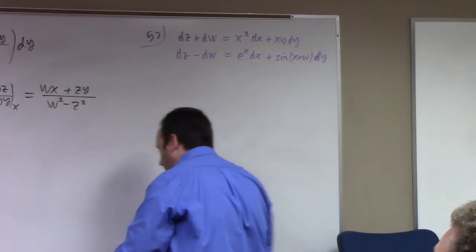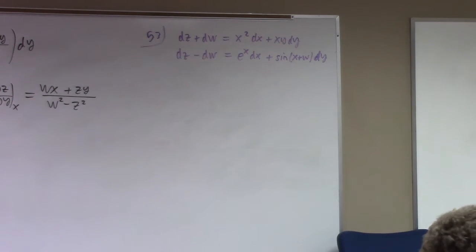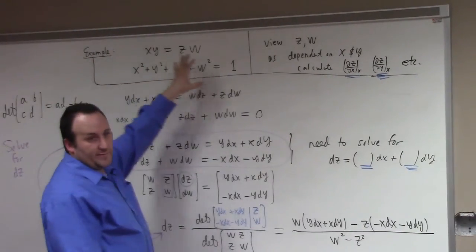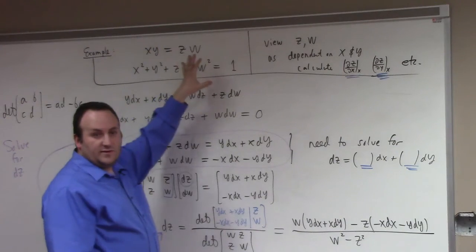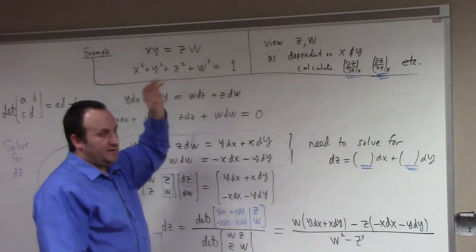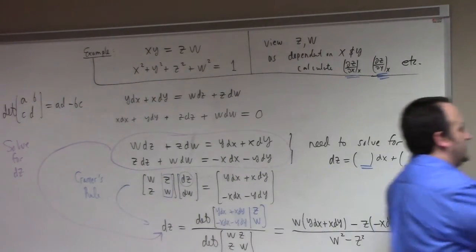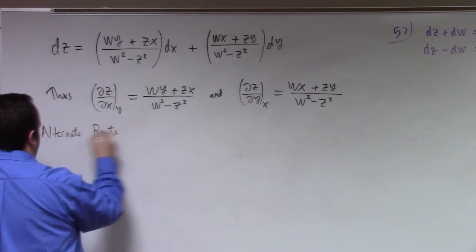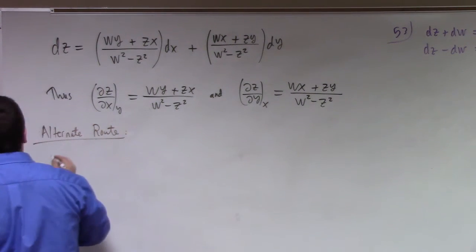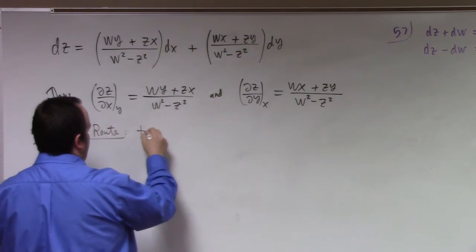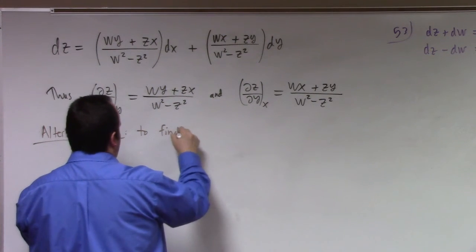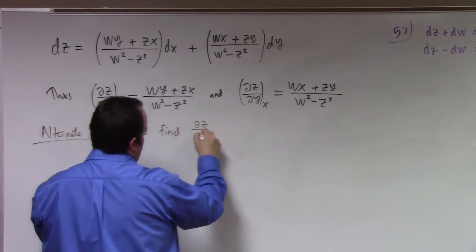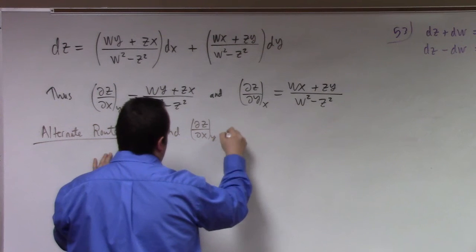Now, this example, because I actually gave you equations which govern the four variables, right? We could do this a different way. Let me show you the alternate route of calculation. So, let's fix, we're going to calculate partial z, partial x, holding y fixed, all right?